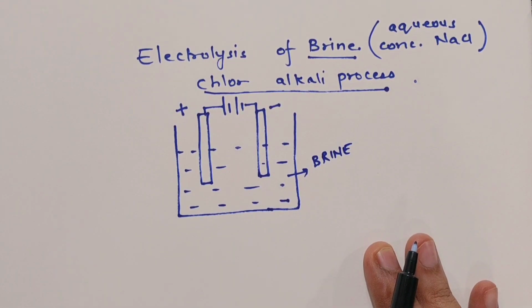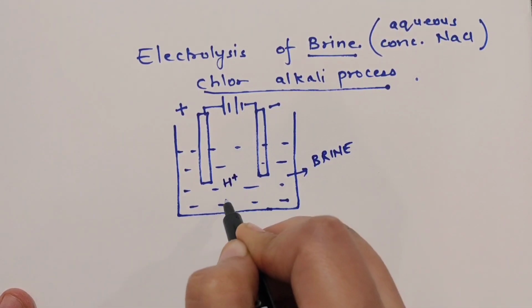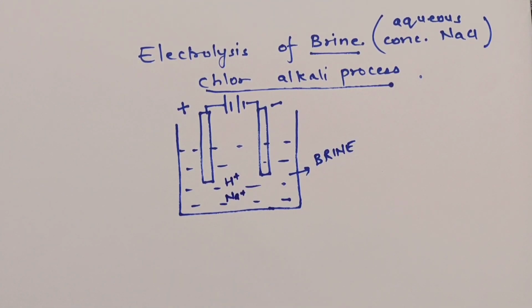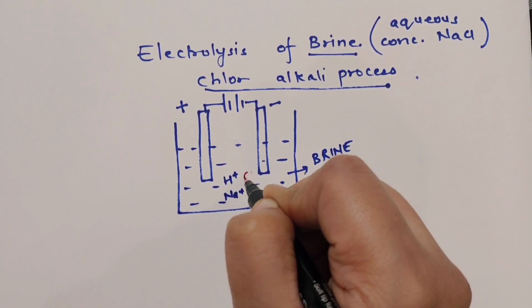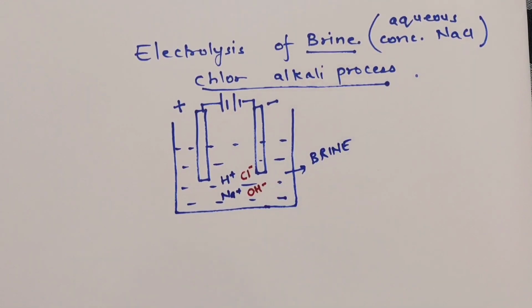Now, since it's concentrated aqueous NaCl, that means there's water there as well. So if water is there, there are going to be ions from water, and then there are going to be ions from NaCl. So there are going to be 2 positive ions, H plus and Na plus, and 2 negative ions, Cl minus and OH minus. Now these ions will have a competition.